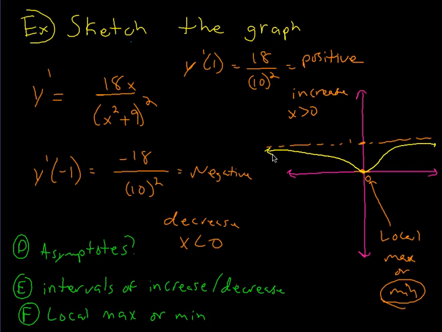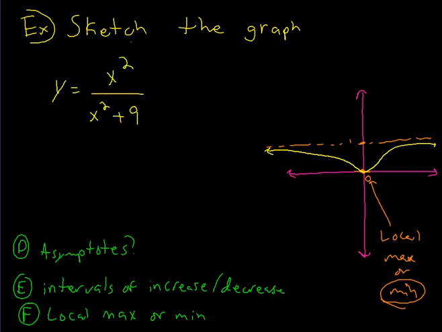And just to prove it's symmetric about the y-axis, because I didn't talk about symmetry at all, just for the record, the original function was y equals x squared over x squared plus 9. To prove that it's even, f of x has to be the same as f of negative x.